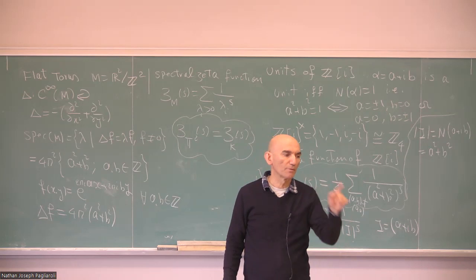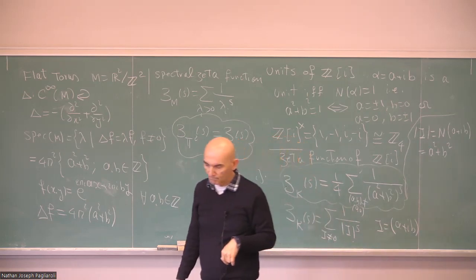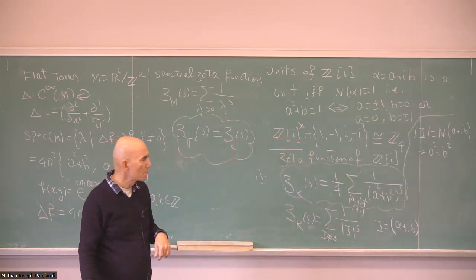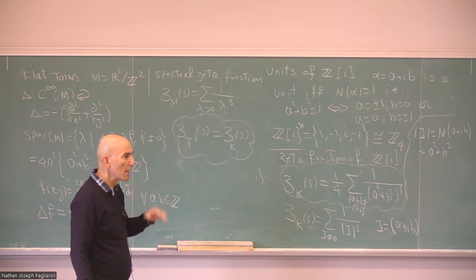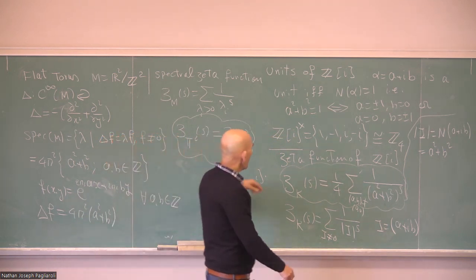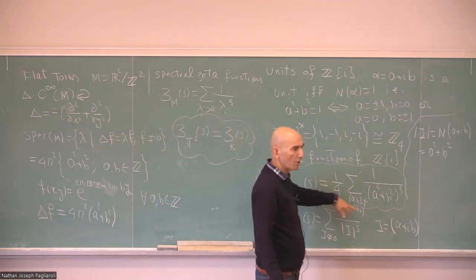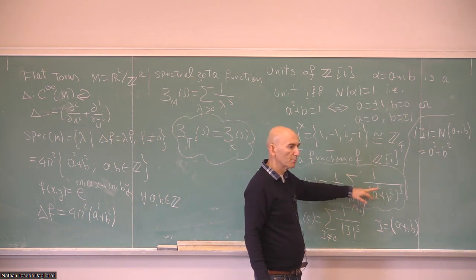The Riemann zeta function comes from a circle. Yeah, that's right. Any other fields? No, for the 3-torus, no, they are not, because we know all these Dedekind zeta functions are defined for real part of s bigger than 1, and they have a pole at s equal to 1.